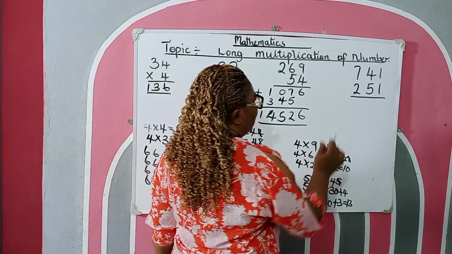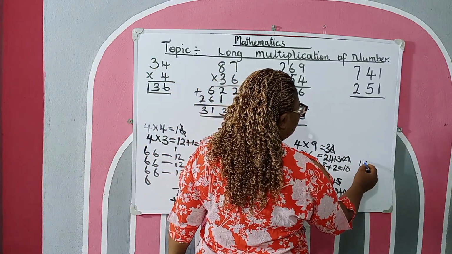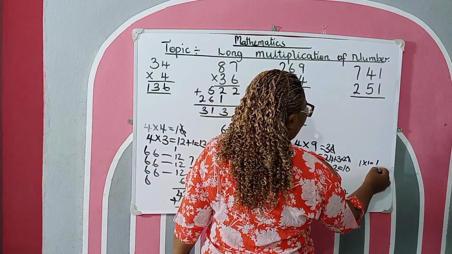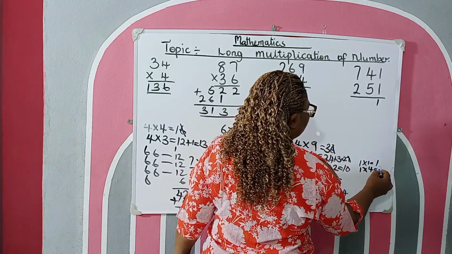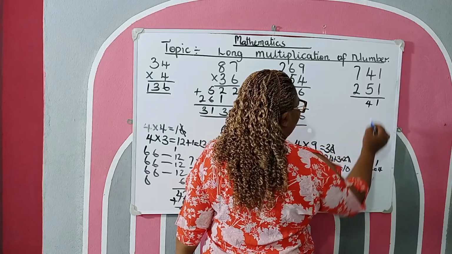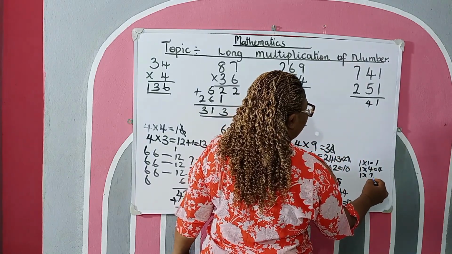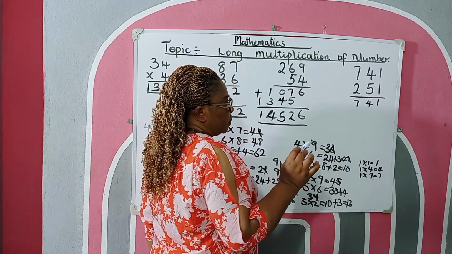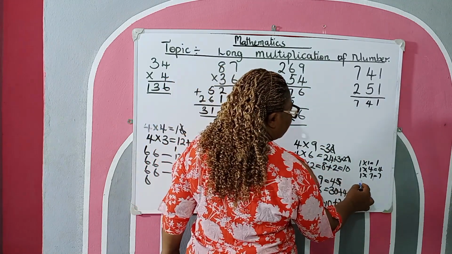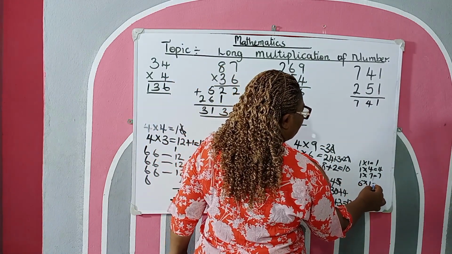Okay. Here we have 1 times 1 will give us 1, and I write 1. 1 times 4 will give us 4, and I write 4. 1 times 7 will give us 7, and I write 7. We have finished the units. The tens. 5 times 1 will give us 5.